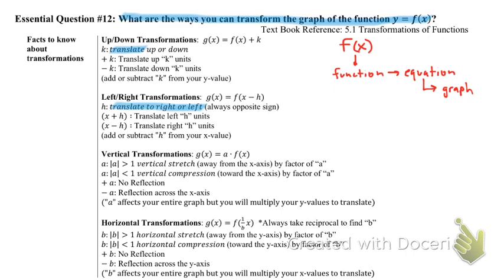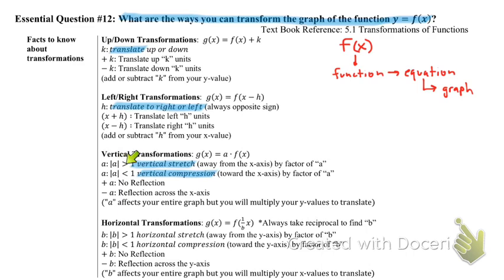The other way we can transform or change a graph is by doing what is called a vertical stretch or compression. In a vertical stretch or compression, we are actually going to multiply our function with a value, we call it a.